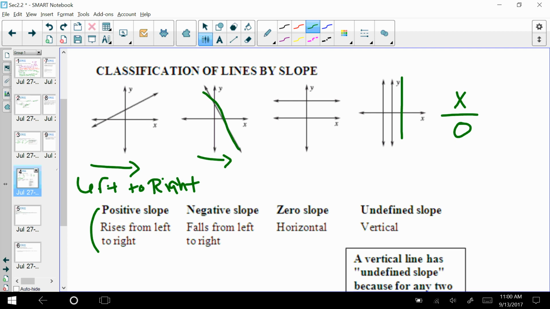So it would be some number divided by 0, which is undefined. So with a positive slope, m is greater than 0. A negative slope is where m is less than 0, m being the slope. A horizontal slope, m is equal to 0, and a vertical slope is undefined.